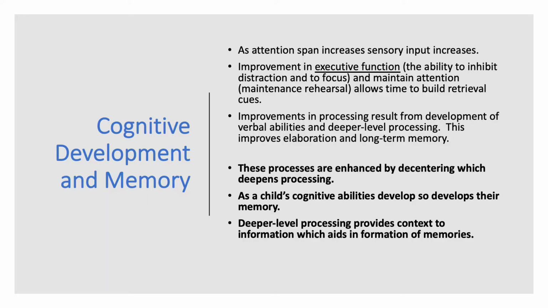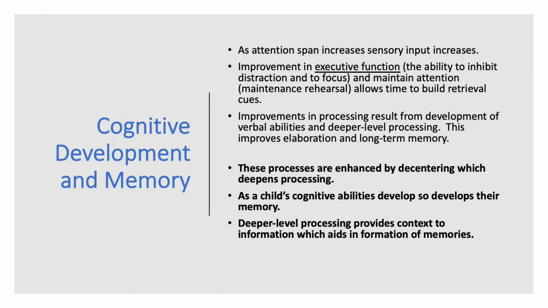So let's look at a couple of developmental events that improve memory. One of them is executive function. That's the ability to inhibit distraction and intentionally focus attention. It lengthens maintenance rehearsal and allows time to build retrieval cues. So executive function, the better impulse control a child has, the better their executive function is, the better their memory is going to be.